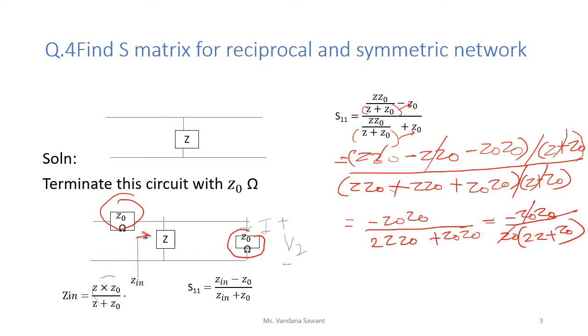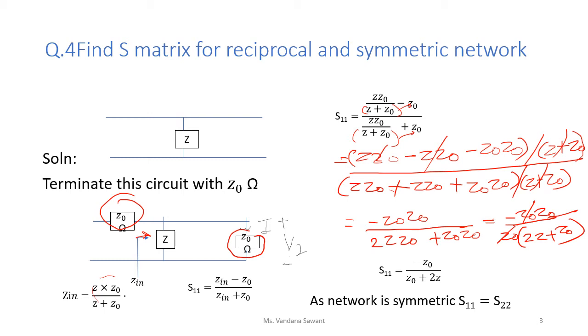So the final S11 will be minus Z0 divided by twice Z plus Z0. So we can write S11 is equal to minus Z0 divided by Z0 plus twice Z. So this will be S11. Now as this network is a symmetrical one, we can write S11 is equal to S22. So we need not calculate S22 separately.